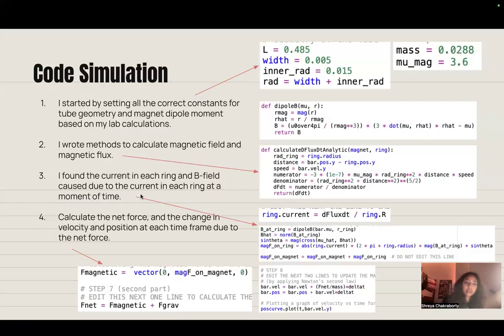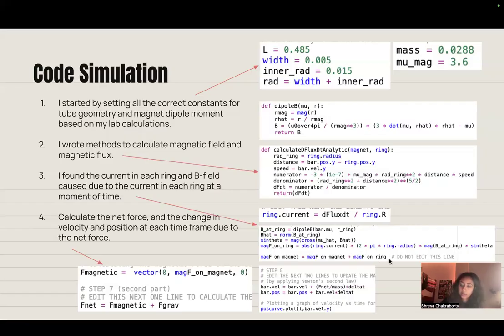Then we found the current in each ring and the B field caused by each ring at one moment in time. We can think of this as an integration problem, looking at each ring as a dr. We used these to find the magnetic fields, and from there we found the magnetic force.